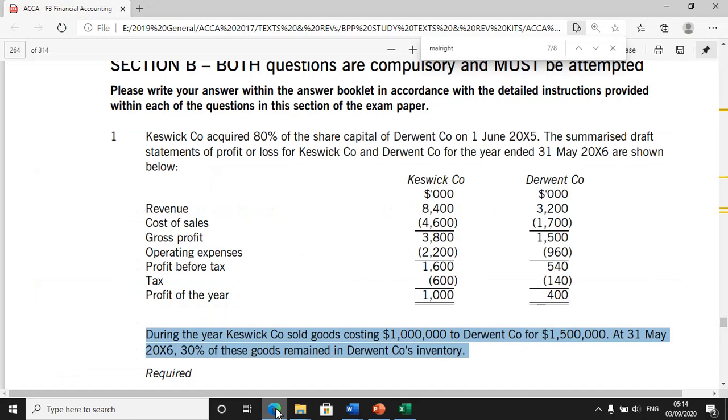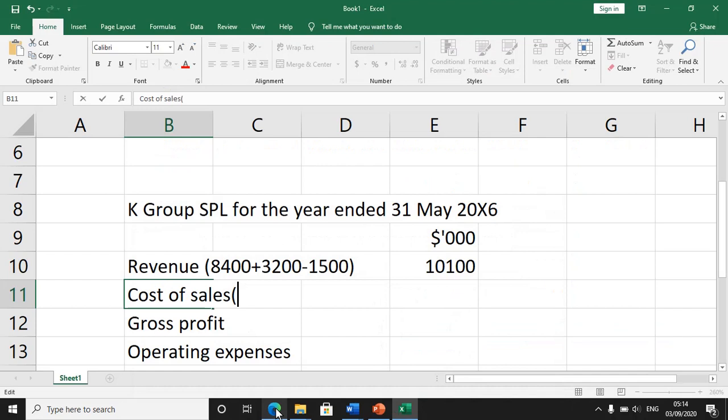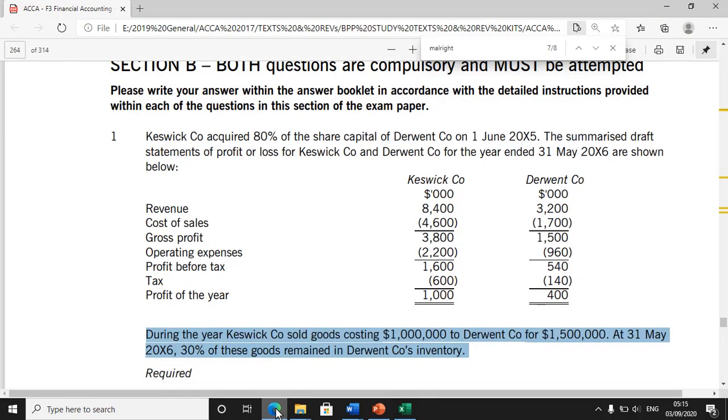So we have 46 under cost of sales plus 17, minus 15, plus now the unrealized profit, because we're told that 30% of these goods, on which we made a profit of 500, remain in inventory.